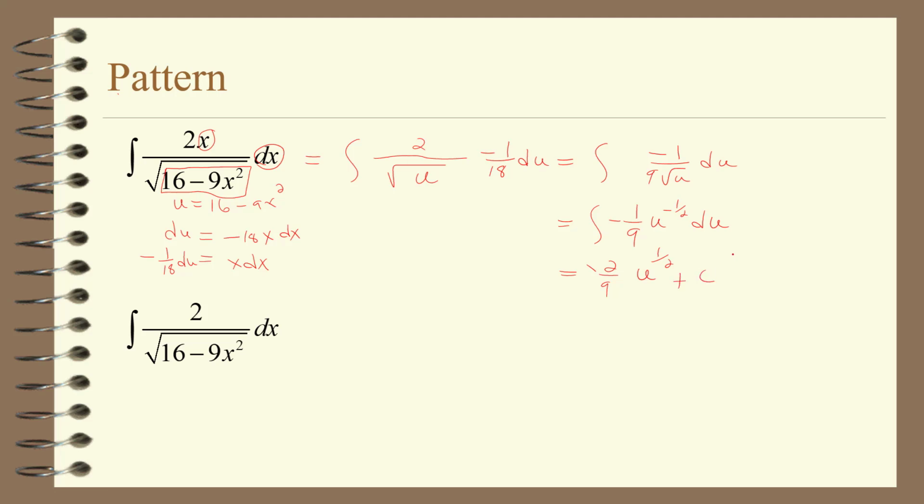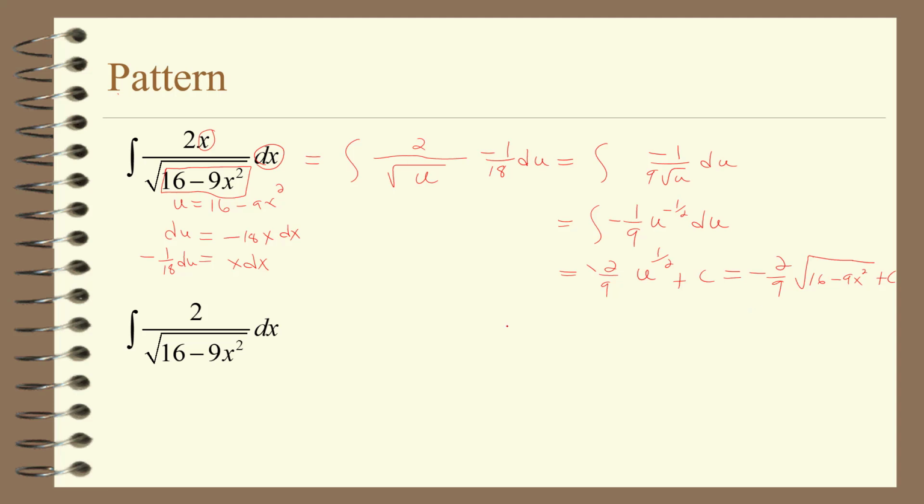Well, this is the answer in terms of u. I wanted the answer in terms of x, so I'll replace the u with what it's equivalent to as a function of x. And since I have a half, I'll write it as a square root. That would then be 16 minus 9x squared, and then finally plus c outside the square root.